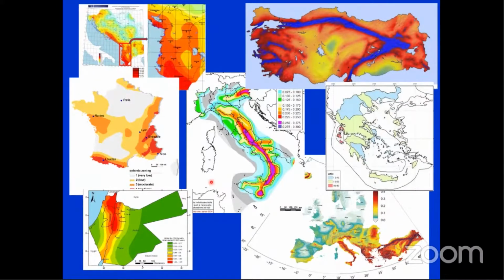Firstly, seismic rate estimates are commonly dominated by instrumental and especially historical information that cannot last longer than a few decades or a few centuries, respectively, in terms of completeness.